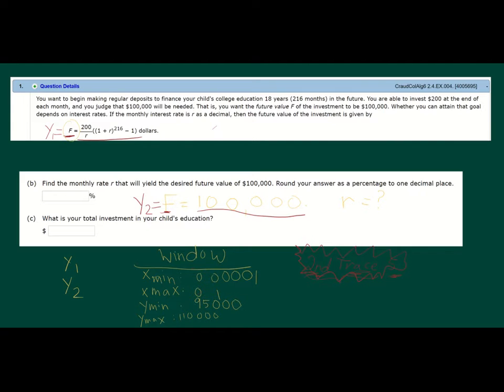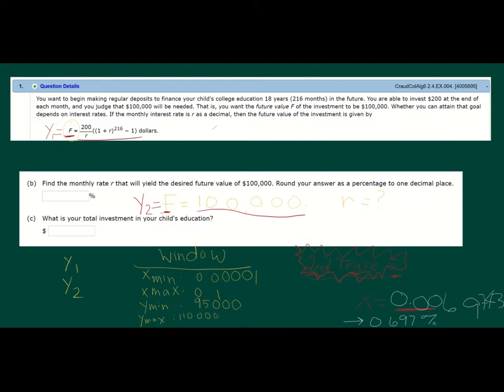Then you're just going to go through the prompts at the bottom of your screen, and whichever x value it gives you once you find that intersection, the x value, which represents R in our function, that's going to be the monthly rate that will give us the desired future value.